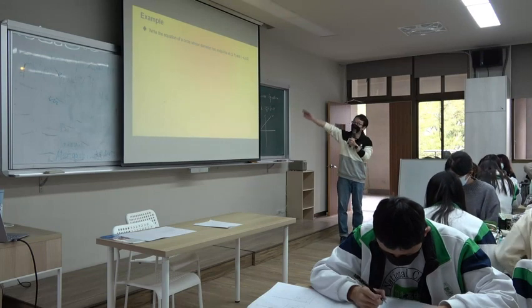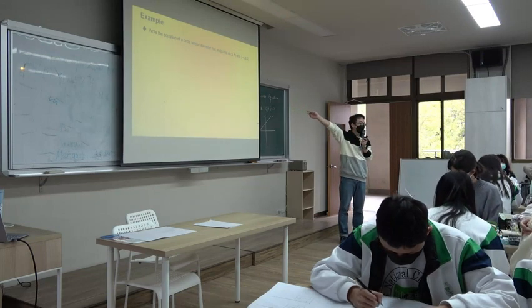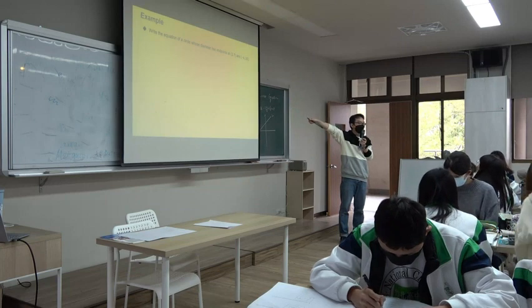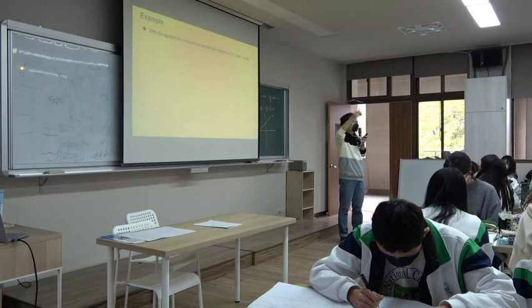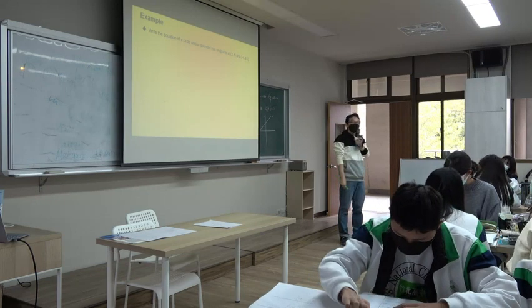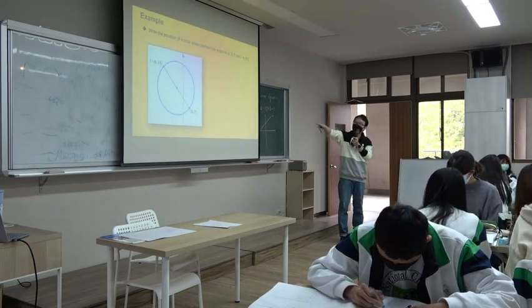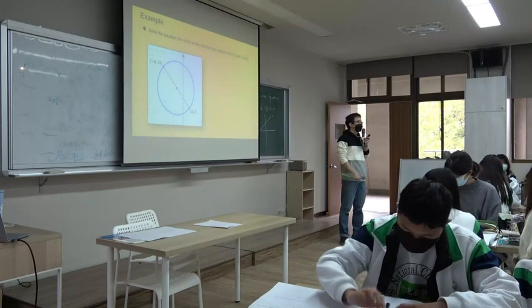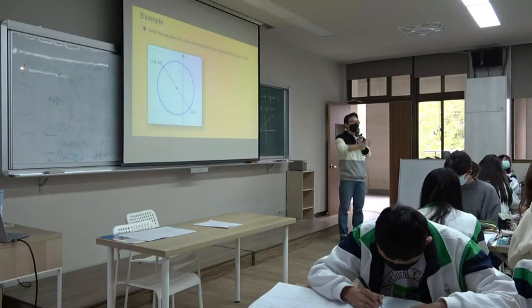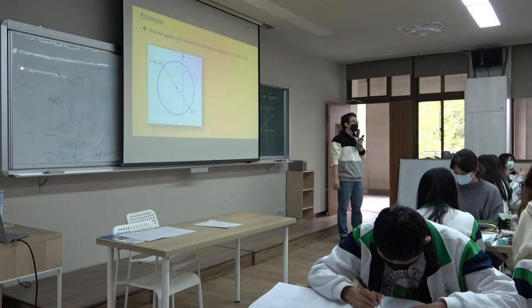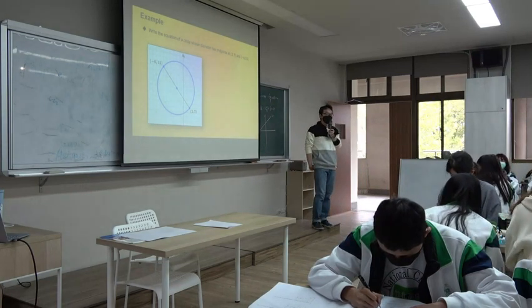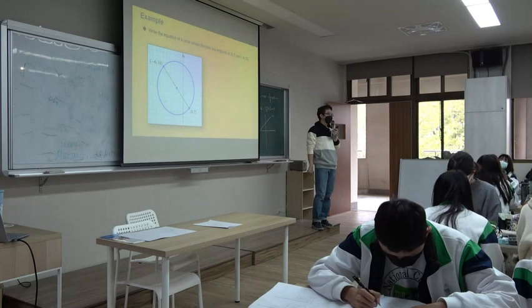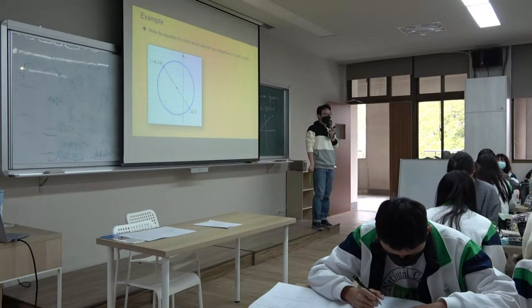Do you know what is the meaning? 它就是给了直径的两个端点，那如果画成图的话就是这样子。那这一次没给你圆心，也没有给你半径，那要自己找。Okay, you have to find yourself, find the center and the radius yourself.